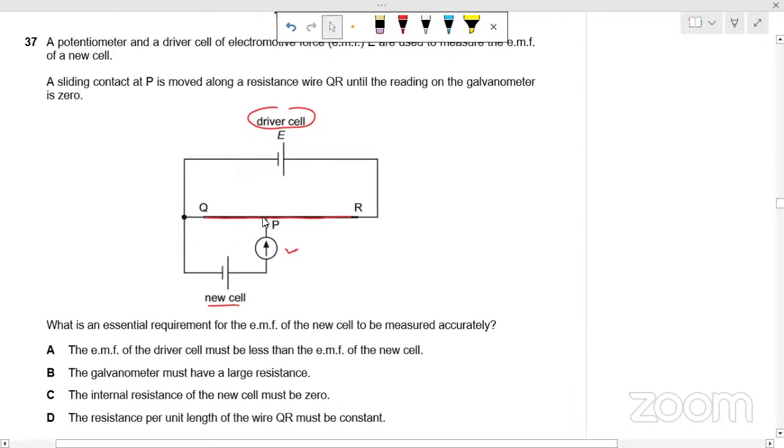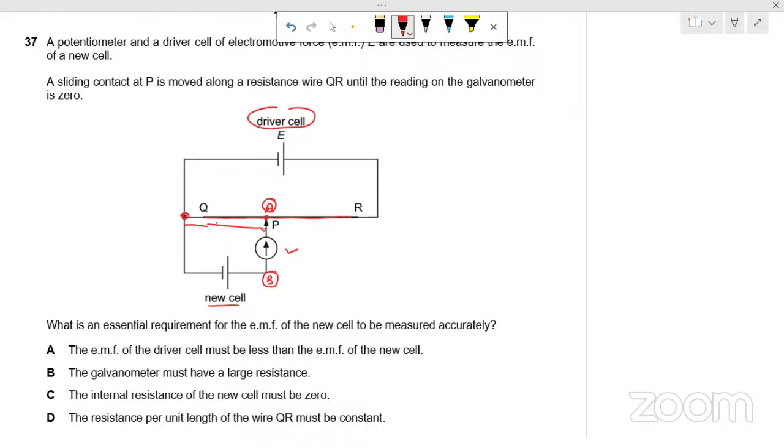The sliding contact is moved along a resistance wire QR until the reading on the galvanometer is zero. If the reading on the galvanometer is zero, then the potential of these two points is same. In other words, potential drop across these two points and the EMF of the cell is same because this point has the same potential.